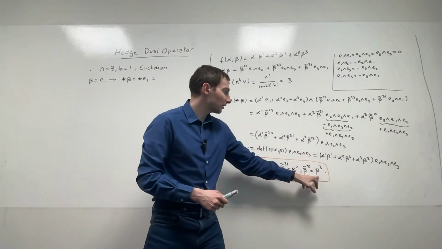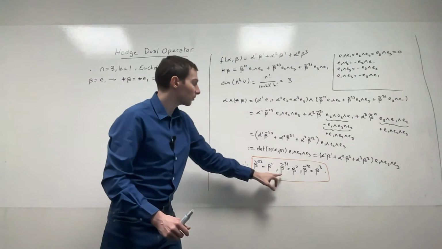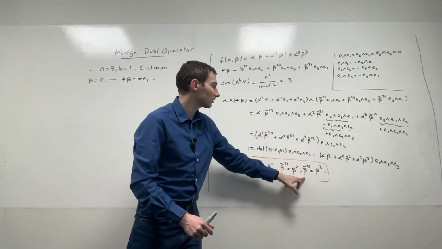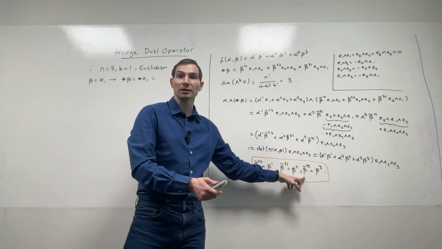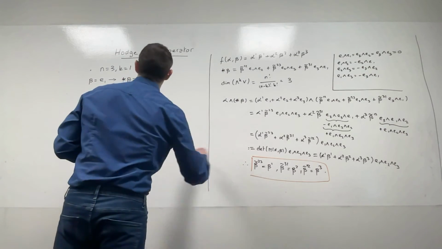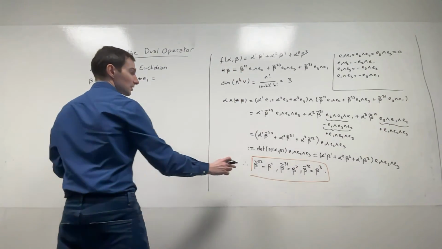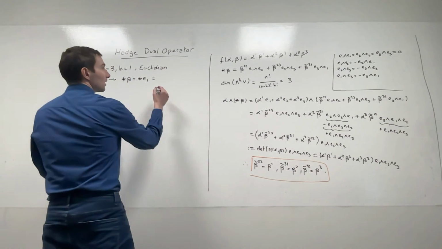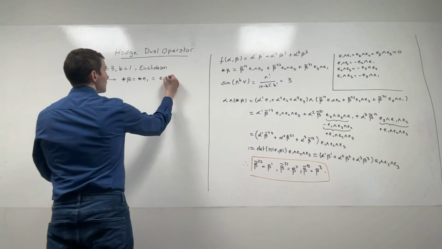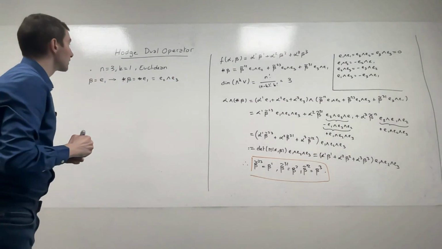Now beta 2 and beta 3 in that particular case are equal to 0, and therefore beta tilde 3 1 and beta tilde 1 2 are going to be null, okay? So the only one that is left is this, that is going to be equal to 1, and then times, so that's 2 3, and then I simply get that this is E2 wedge E3. And there you go, that's it, right?